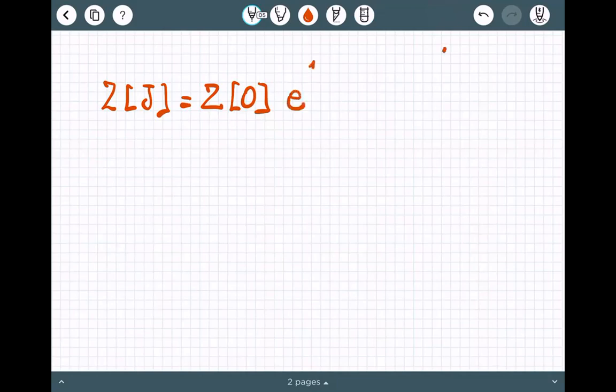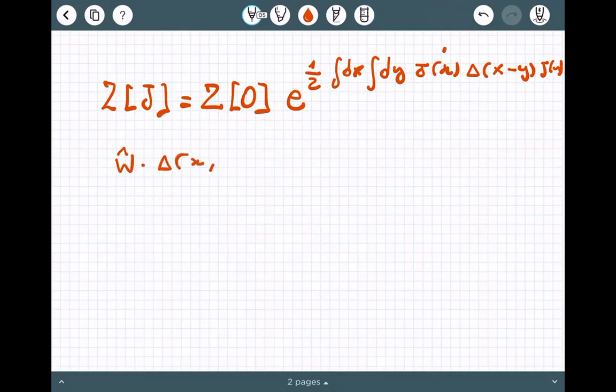And then an exponent that will involve, now I'm going to write explicitly the integrals, two source terms and a two-point correlation function, where the two-point correlation function is actually the solution of the distribution-based differential equation.